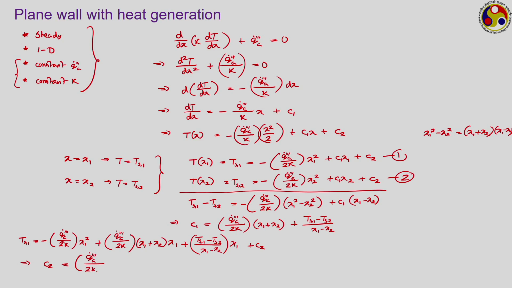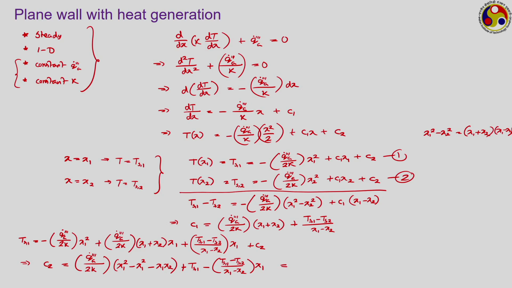q 0 triple prime upon twice k into x 1 square minus x 1 square minus x 1 x 2, which means that x 1 square cancels out, plus T s 1 minus T s 1 minus T s 2 upon x 1 minus x 2 into x 1. So, very big expressions we are getting for both C 1 and C 2.